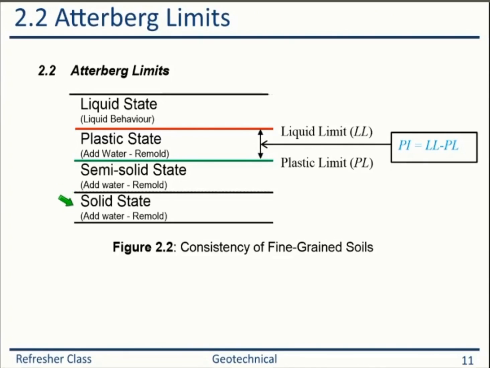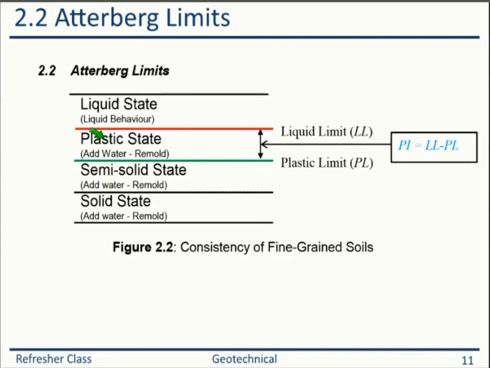So it may happen in your dry seasons, your construction site is completely dry. Let's say it's a fine grained soil and there is a lot of dust. It's dusting everywhere. Or as it rains, the moisture content of the soil increases, so it might transit from solid state to semi-solid state. If it rains again, it will transit from semi-solid state to plastic state.